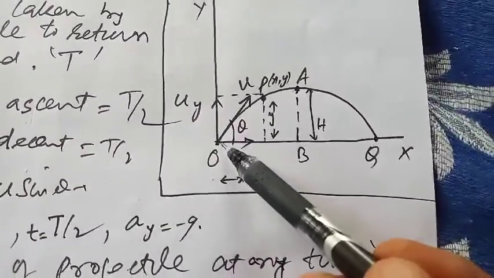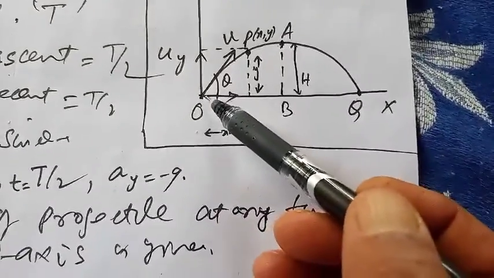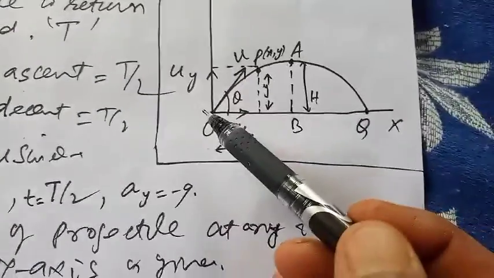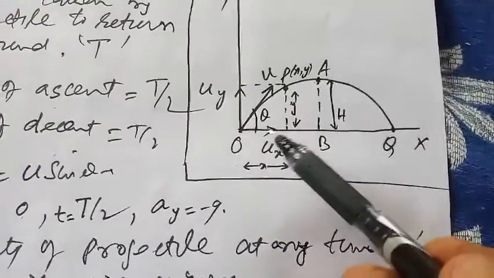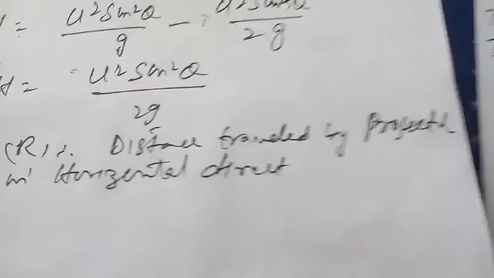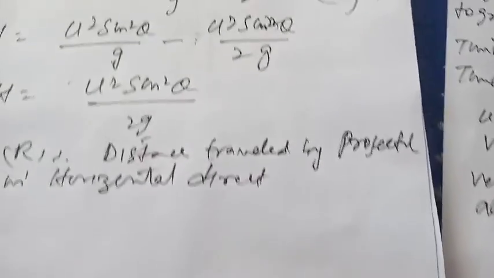See answering diagram. Distance, range is distance traveled by the projectile in horizontal direction. So from the point of projection to the point when it hits the ground, we have to calculate OQ. So here this is denoted by R.